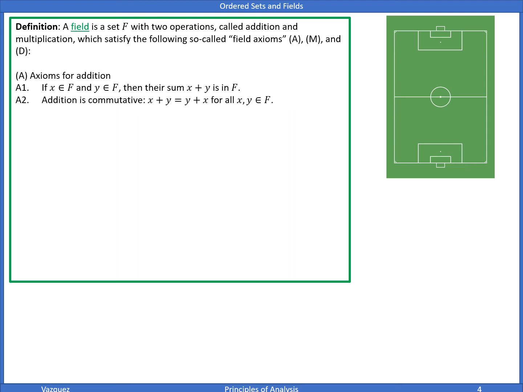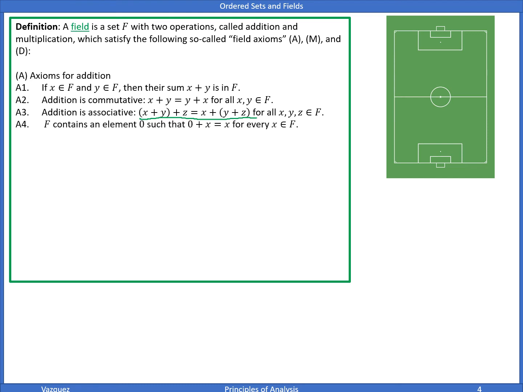under addition. Addition is commutative. X plus y is equal to y plus x for all the elements in the field. Addition is also associative. As you can see, it's described here. I'm not going to go over them just to not take up time. These are just axioms.